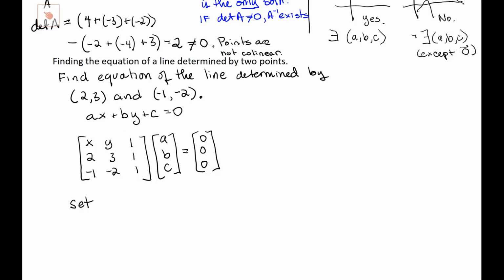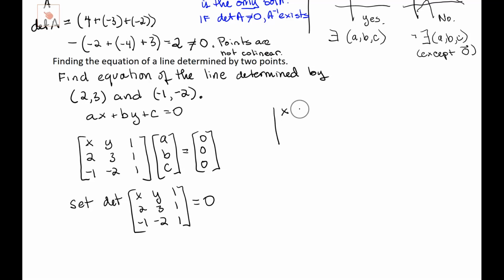We're going to set the determinant of x, y, 1, 2, 3, 1, -1, -2, 1 equal to 0. And that'll give us an expression with x's and y's in it. If we rearrange that expression so that we have y in terms of x, then we'll have the equation of our line.